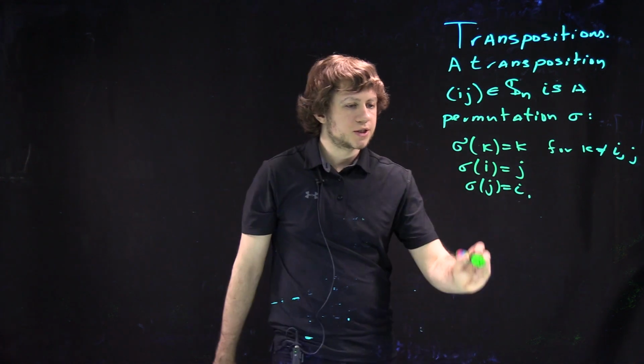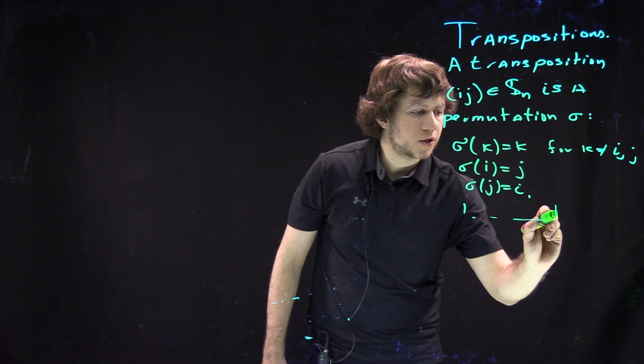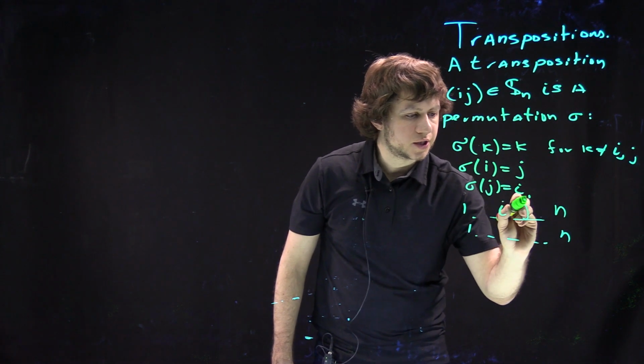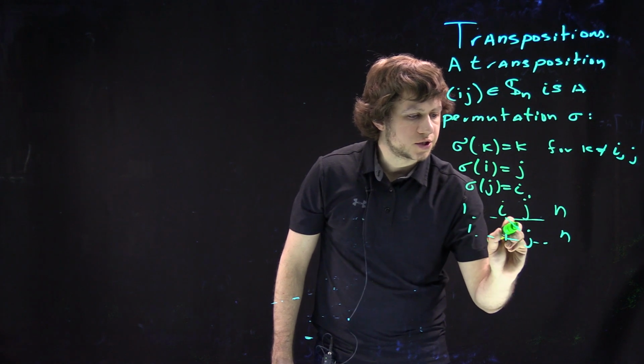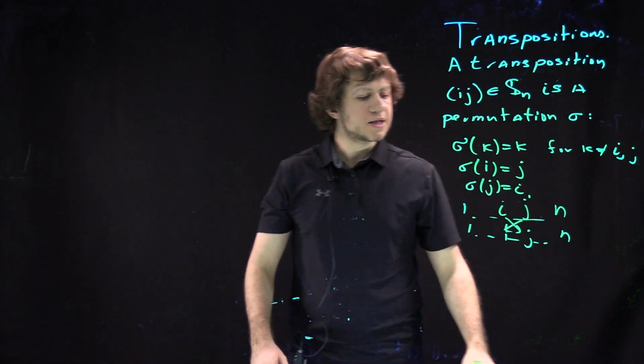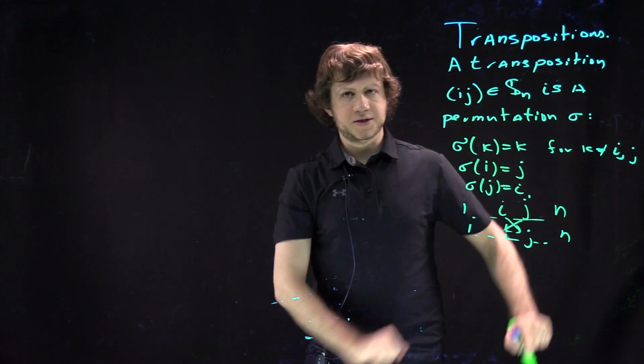Basically it takes your elements from 1 to n, and i and j are just exchanged. You exchange two elements, i and j, and everything else stays fixed.